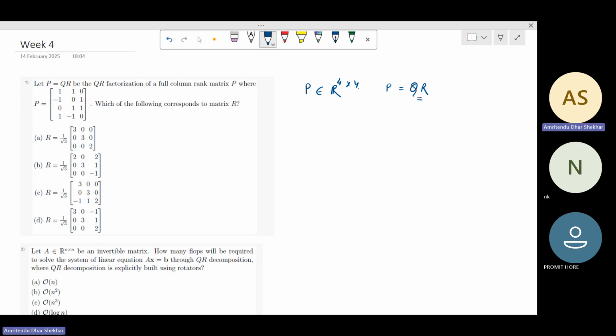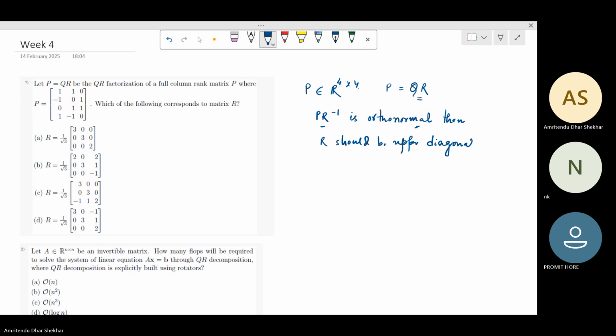So a way to check this would be just as follows. You're given these matrices, you have to check P R inverse basically, and if P R inverse is orthonormal, then, okay, it should be orthonormal and R should be upper triangular.